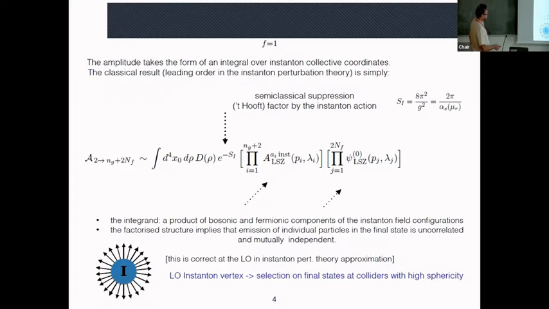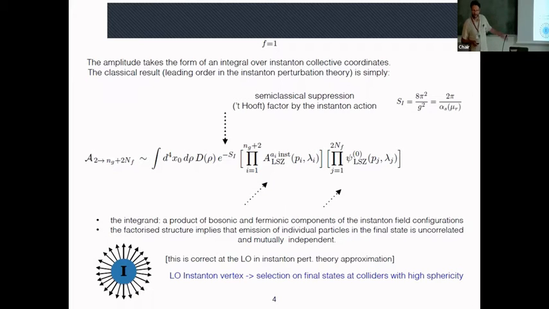So one of the key points of how to look for the instanton generated amplitude at colliders, the triggering event, would be to look for this spherically symmetric vertex in the center of mass energy, involving a large number of external particles.